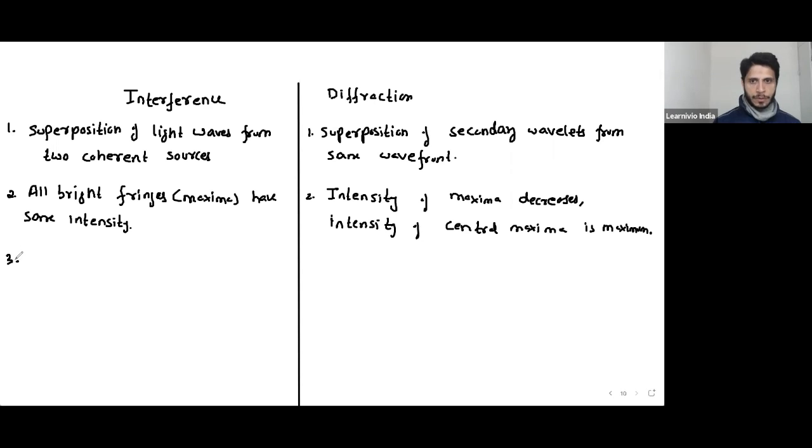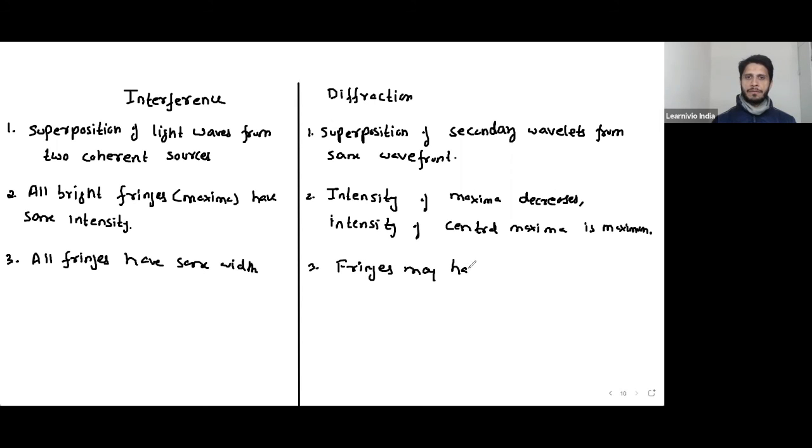Third one. The third difference is width. In interference, all fringes have same width, means all bright fringes and all dark fringes have same width. But in diffraction, fringes may have different width.